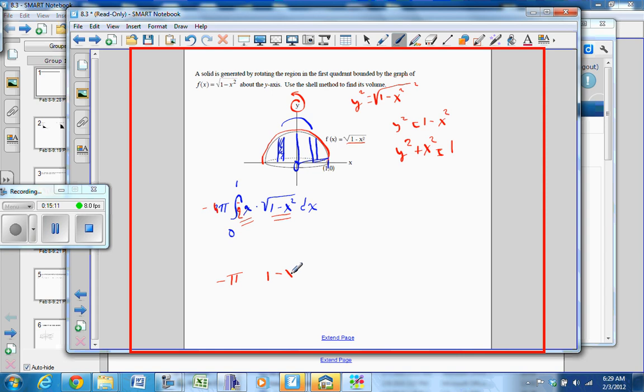1 minus x squared to the 3/2, and then times 2/3 to cut that off. And that integrates from 0 to 1.